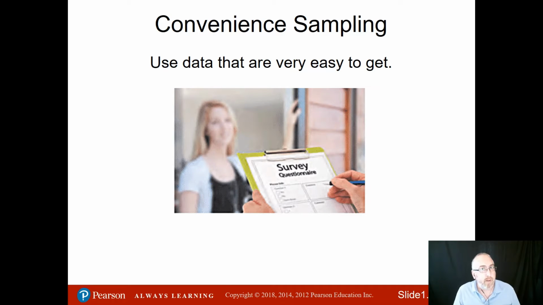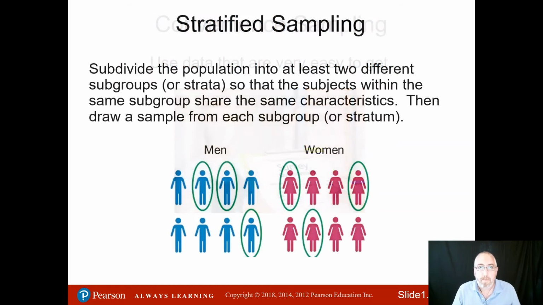Is that random? No, it's not. Truly random means everybody has a shot at being in that sample, and if I just pick the class in front of me, that's not random. But it is a way to get a sample. It doesn't mean it's terrible, it just means there might be some flaws with the process. So let's see what else we've got.